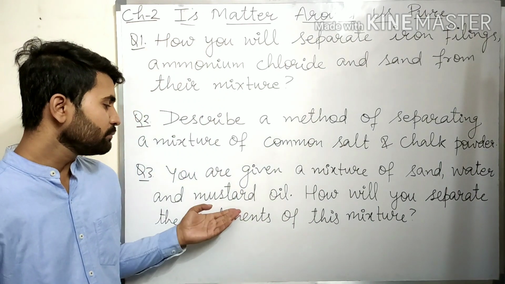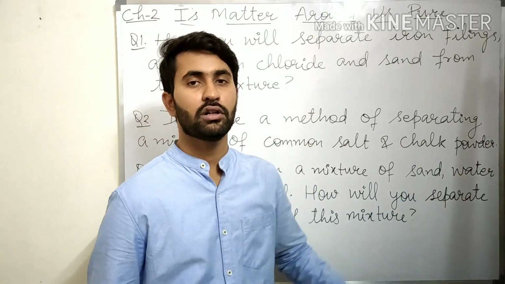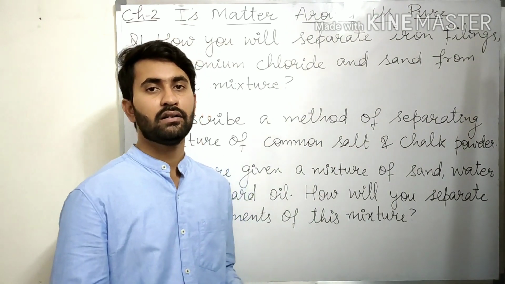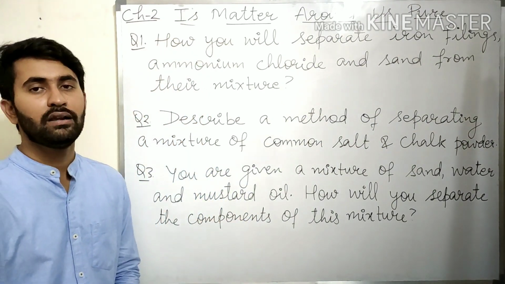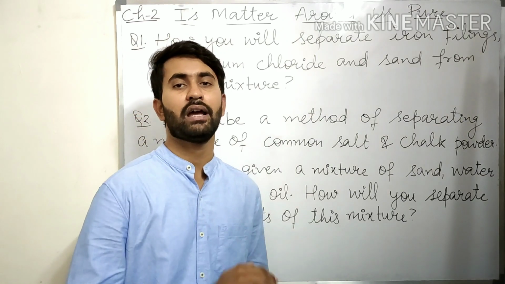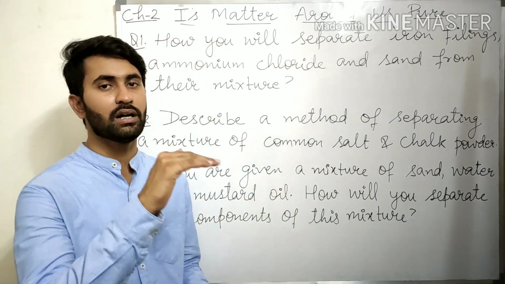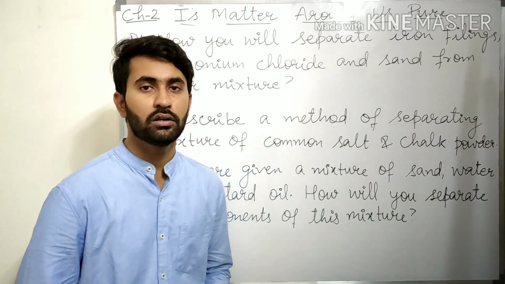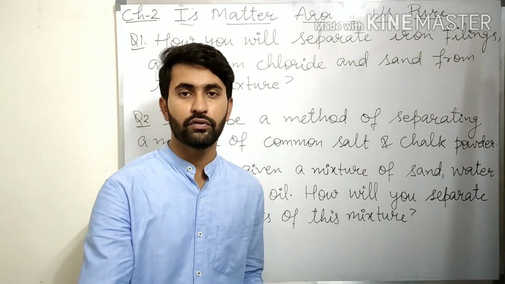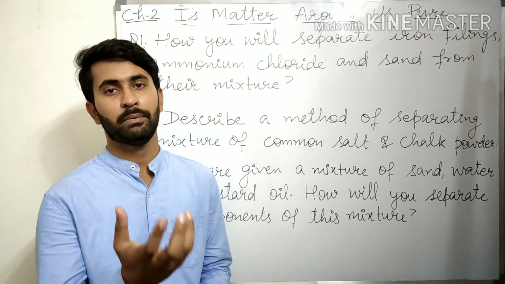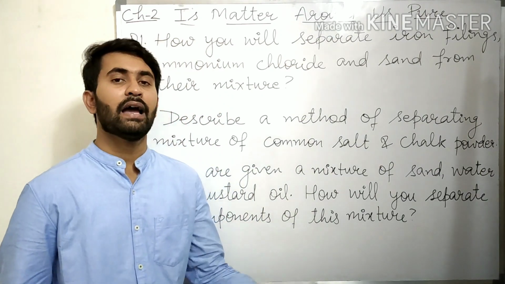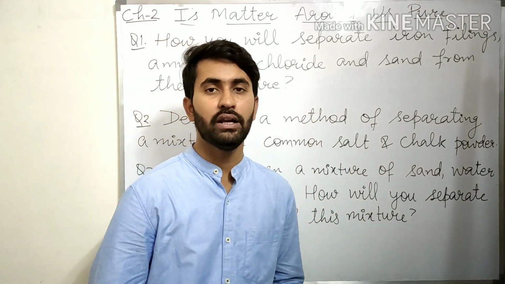The water, being heavier, will form the lower layer, whereas the mustard oil, being lighter or having less density, will form the upper layer. When we open the stopcock, the water will come out first and we will collect it in a beaker. After that we will close the stopcock and collect the mustard oil in a different beaker.